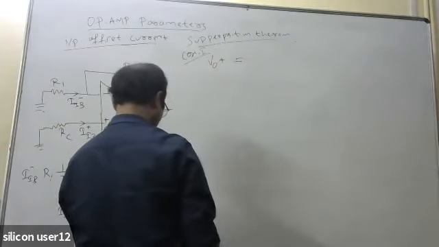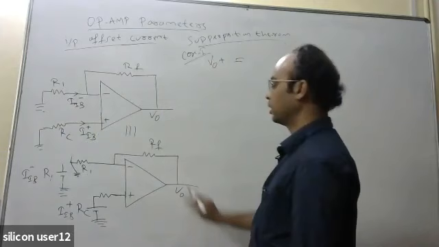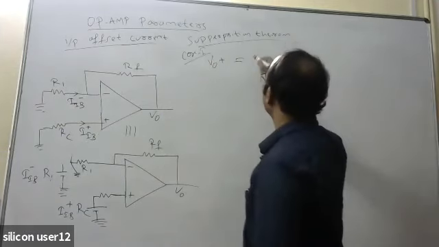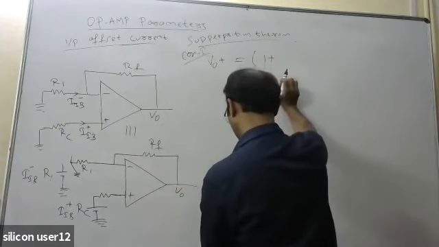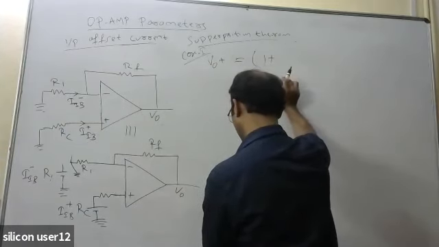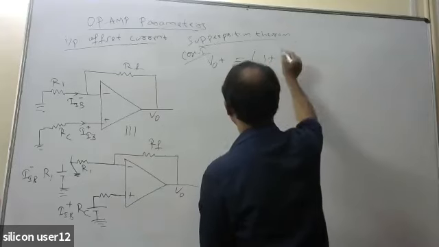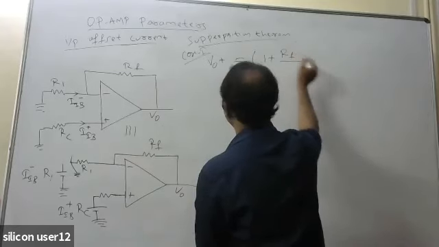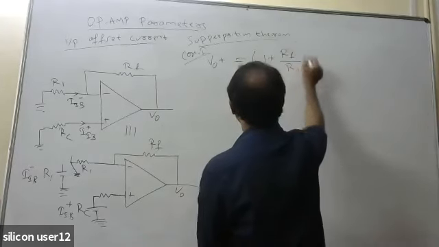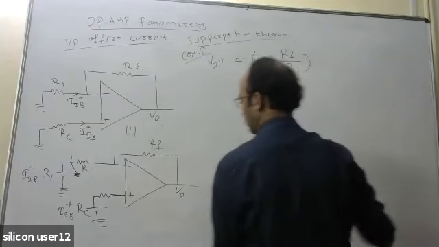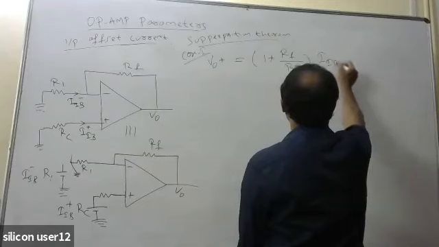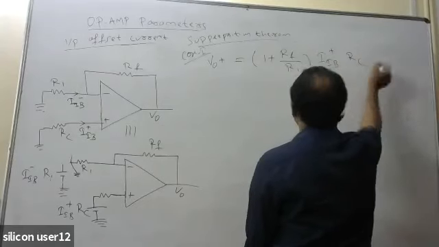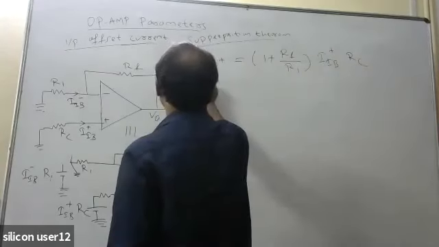V0 plus will be equal to the gain of a non-inverting configuration, 1 plus RF by R1, into the input voltage, which is IIB plus into RC. Case 2.